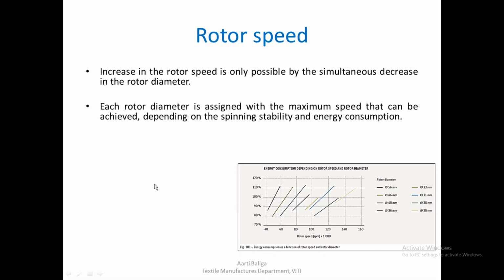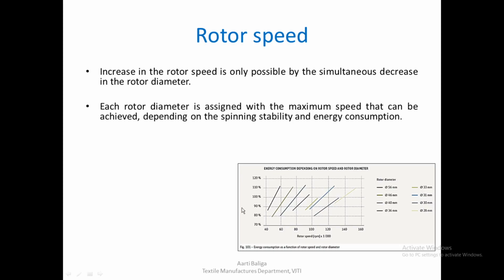Each rotor diameter is assigned a maximum speed that can be achieved depending on the spinning stability and energy consumption. So there is another factor which is involved here, that is the energy consumption. When you look at this graph over here, you see different rotor diameters that are represented, the rotor speeds and the energy consumption.